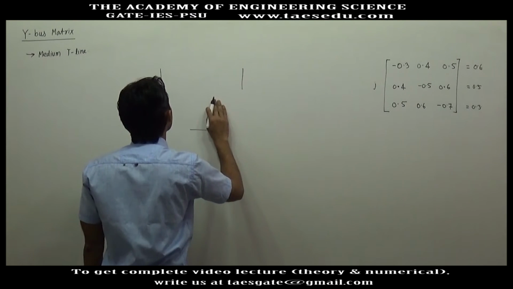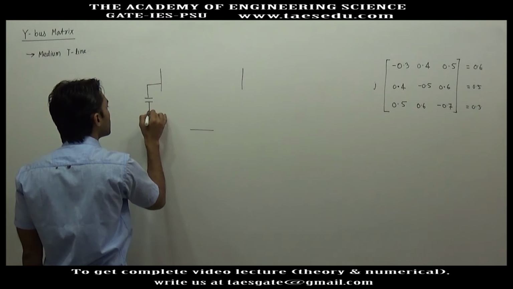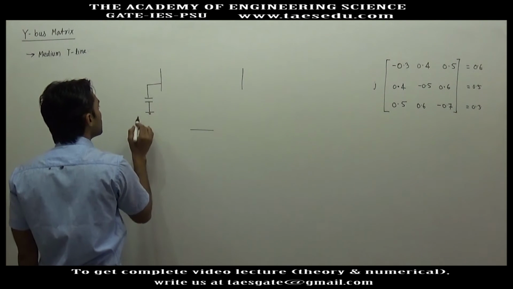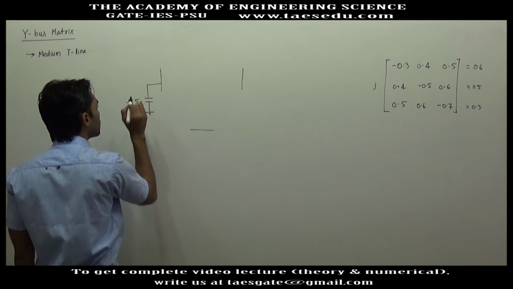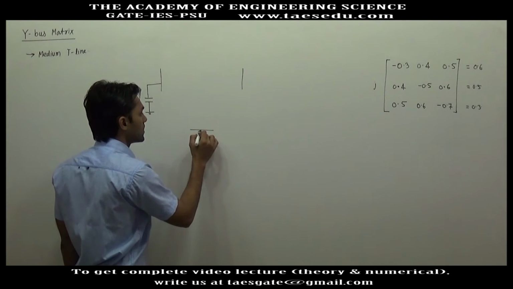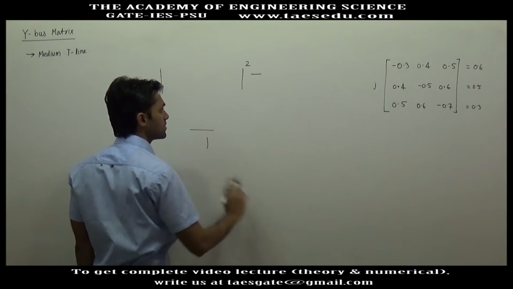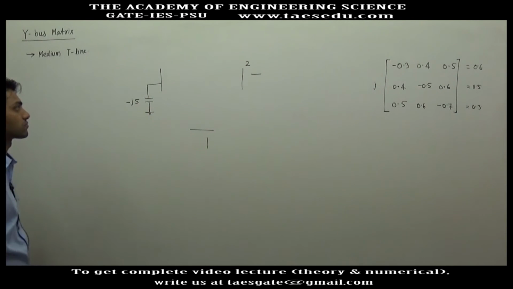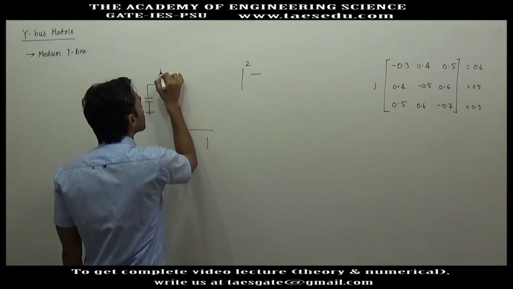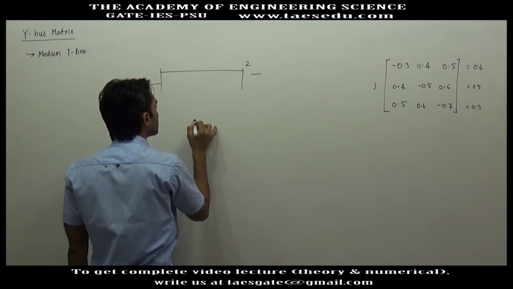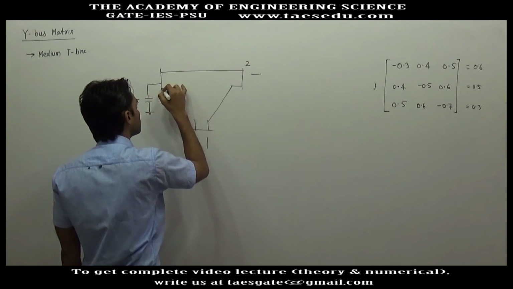Bus 1 has a shunt element which has reactance given as minus J5, and bus 2 has no shunt element, bus 3 has no shunt element. Okay. And now you are required to find out the series and shunt parameters of the line.